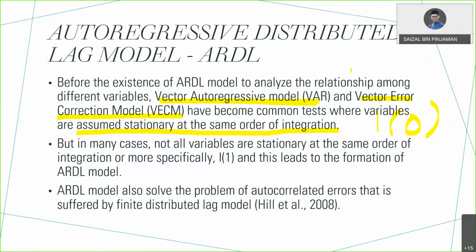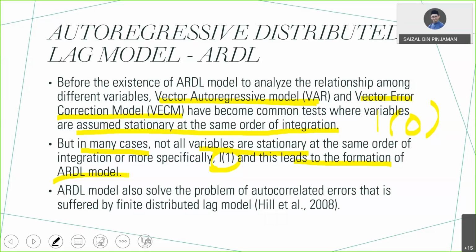So, okay, as you can see from the slide, in many cases, particularly financial data, not all variables are stationary at the same order of integration, or more specifically, stationary at the first difference. So this leads to the formation of the ARDL model.